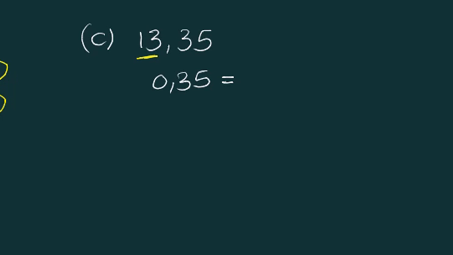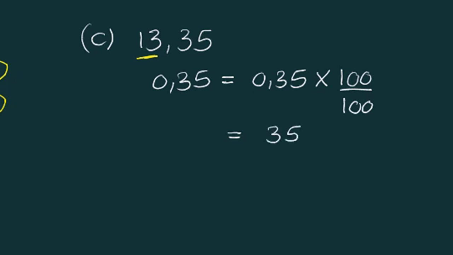Because here we're going to be coming out with a mixed fraction, for 0.35 you have to multiply that by 100 over 100, so that it becomes a whole number, right? So we'll be having, in this case, 35 over 100, right?